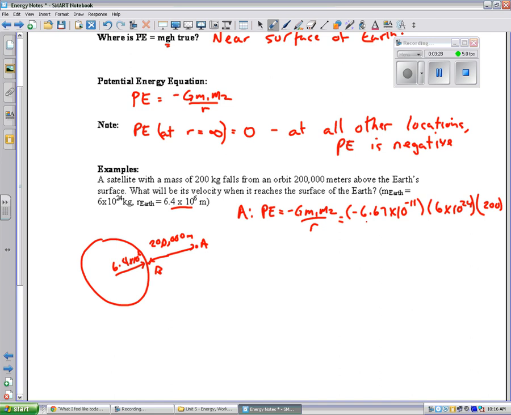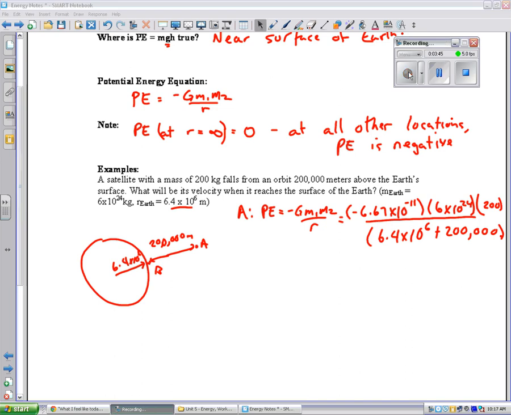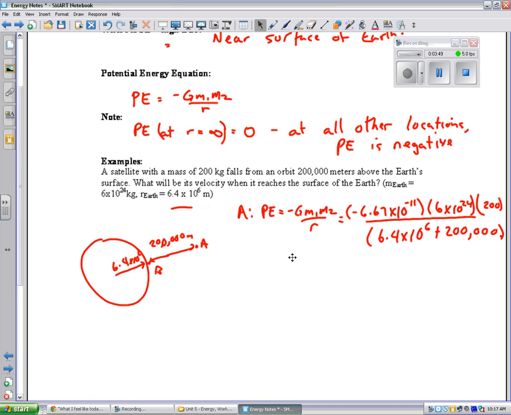Now we have to divide that by R. R stands for the distance between the centers, so it's 6.4 times 10 to the 6th plus 200,000. And that gives me a potential energy of negative 1.21 times 10 to the 10th joules.